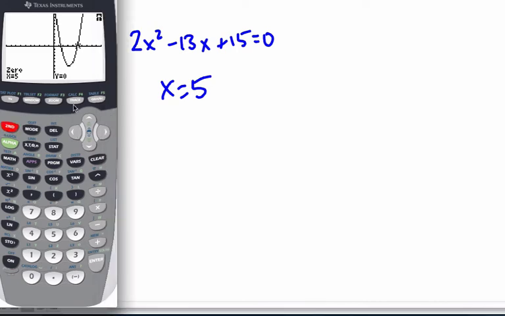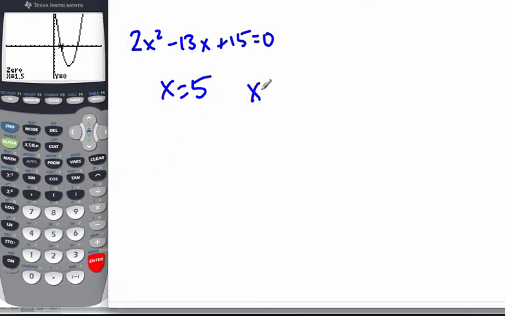If I do it yet again to find the left-hand x-intercept, I'm going to go second trace and do 0. Left bound to the left of this value, we'll call 0. To the right of it, we'll call 3. We'll guess it at 2. And again, I can see quite clearly that x is equal to 1.5.